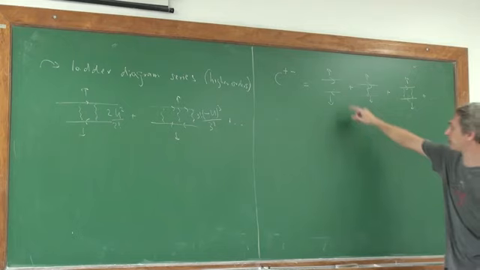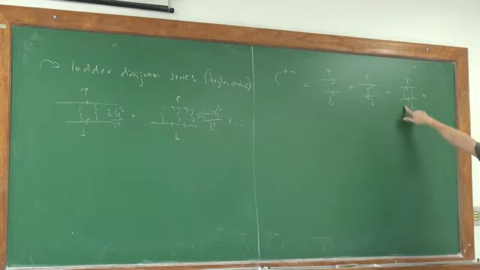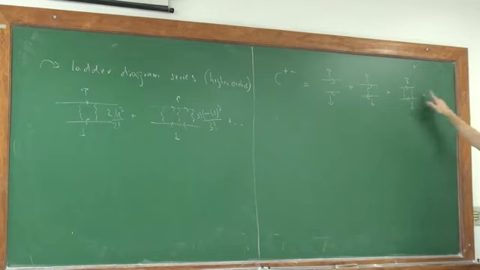Okay, so this is weighted by 1 minus u squared and so on. Now this "and so on" means just inserting one more of these ladder type of diagrams.